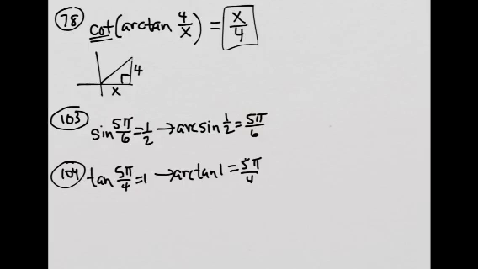And for 104, tangent would have to be between negative pi over 2 and pi over 2 also, and this is outside. So for these to be true, I know it doesn't ask you to give the true one, but for this to be true, this would be pi over 6, and this would be pi over 4. So both of these are false.